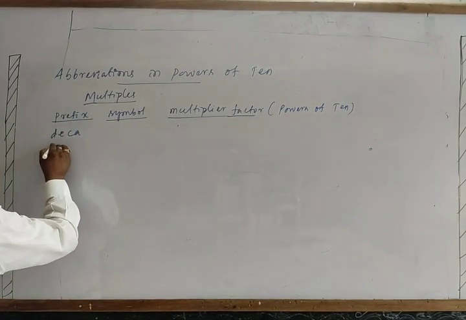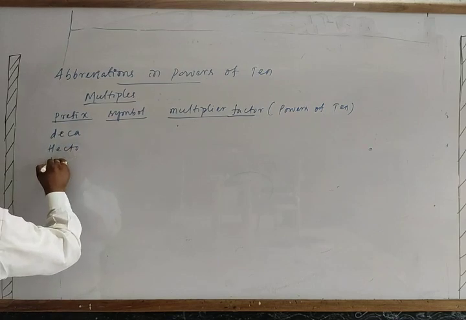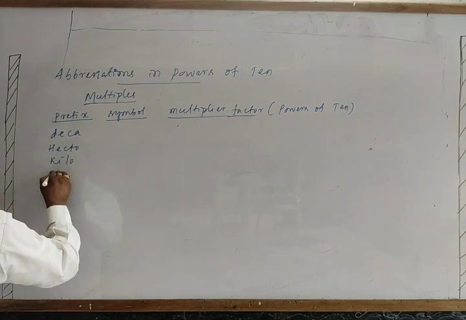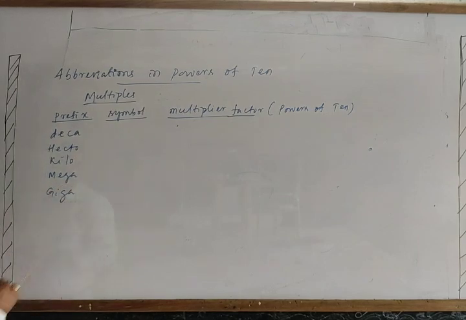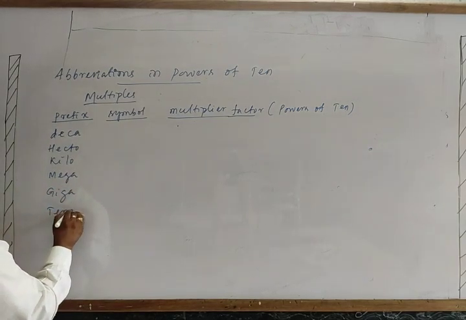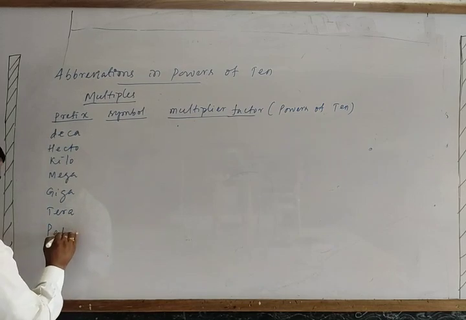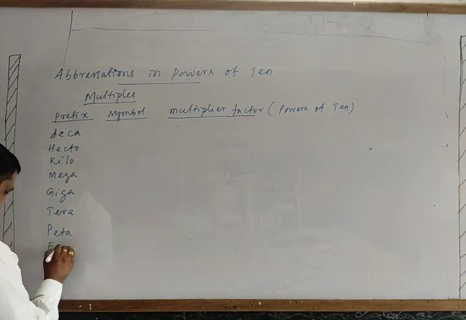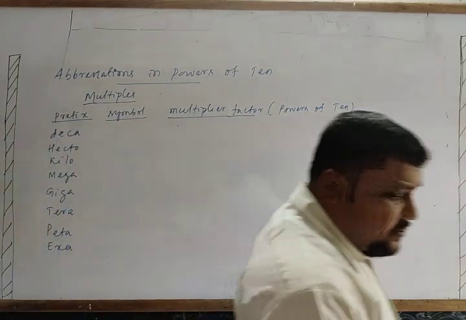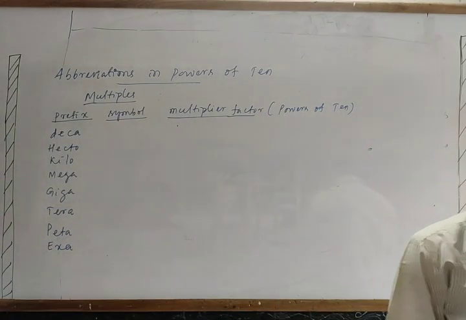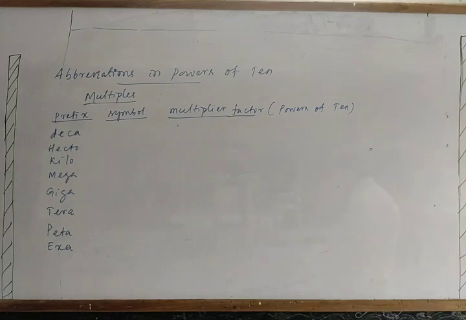deca, hecto, kilo, mega, giga, tera, peta, exa. These are the prefixes. Deca, hecto, kilo, mega, giga, tera, peta, exa.